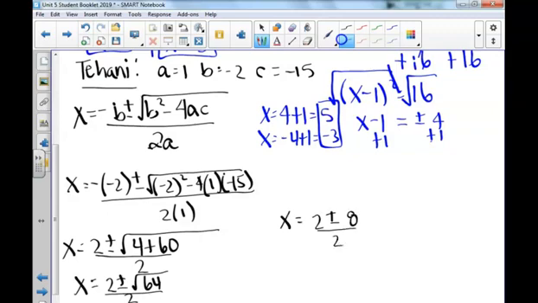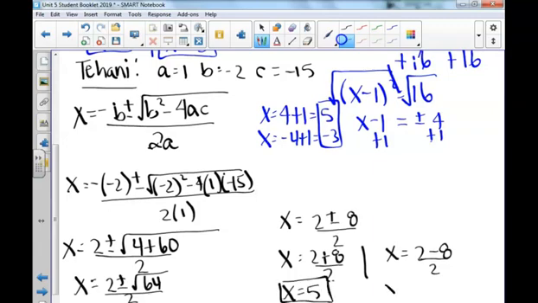So we have two answers here again, x equals 2 plus 8 divided by 2, and x equals 2 minus 8 divided by 2. Therefore, our solutions are 10 divided by 2, which is 5, and 2 minus 8 divided by 2, which is negative 3. We can see that all of these methods produce the same answers to our quadratic function.